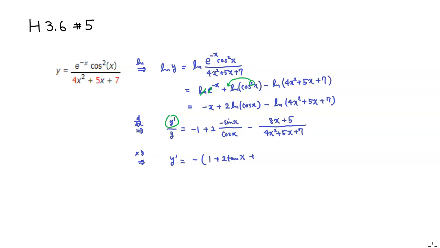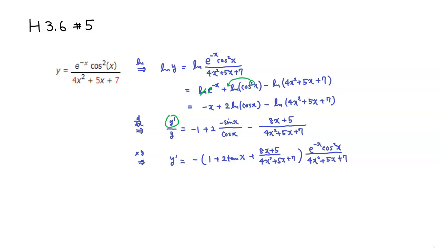So it's plus 8x plus 5 over 4x squared plus 5x plus 7. Then remember, we're multiplying by y. y is the original function, so it's e to the negative x times cosine squared of x over 4x squared plus 5x plus 7.